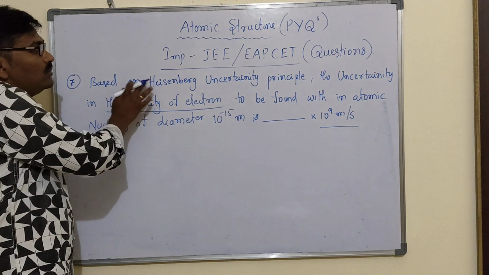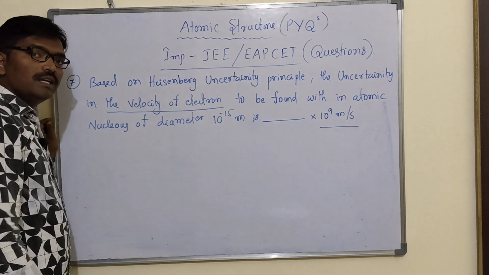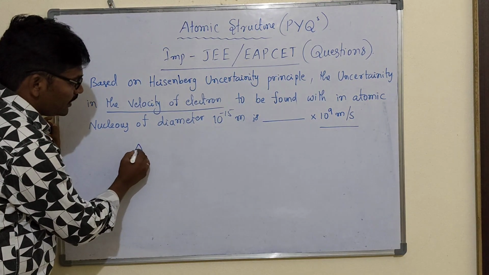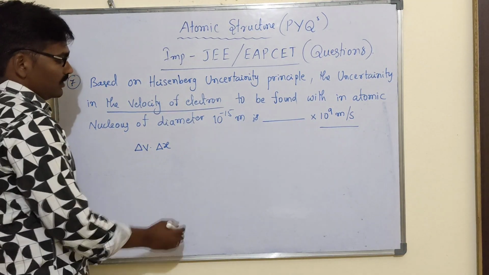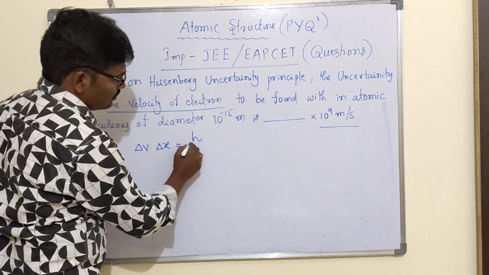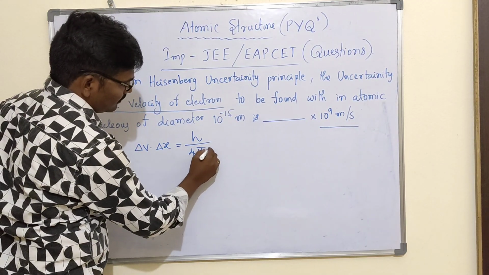Based on the Heisenberg uncertainty principle, delta V into delta X equals h by 4 pi m.